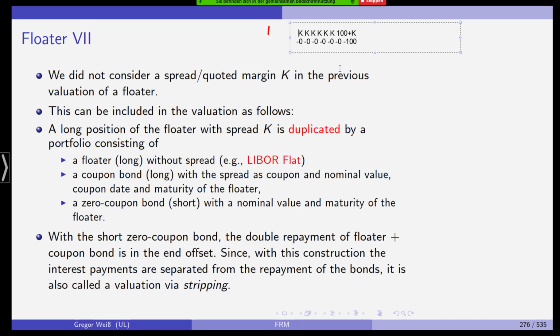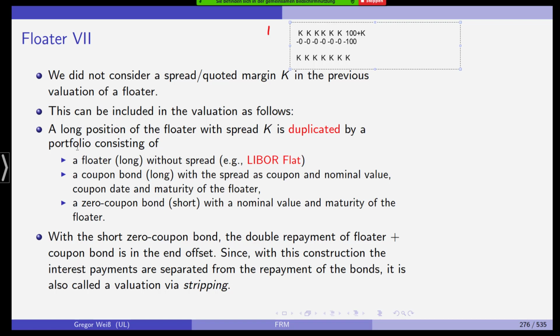And as you can see, we have 100 minus 100. So in total, what we get is the spread.